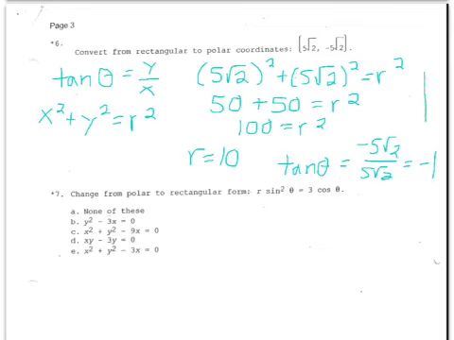So we know that this would have to be in quadrant 4, since the x is positive and the y is negative. So we are dealing with a 45-degree angle, and it would have to be 7pi/4. So our coordinate is 10, 7pi/4.